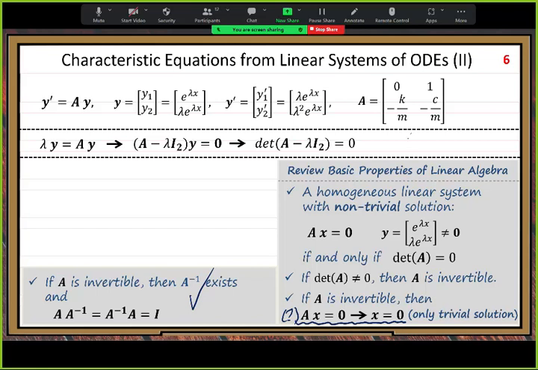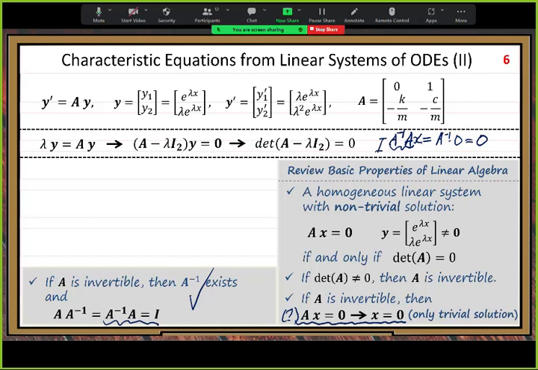We have A times x equals 0. Can we multiply by A inverse on both sides? The right-hand side, A inverse times the 0 vector, is also the 0 vector. A inverse times A, what's that? It is the identity.